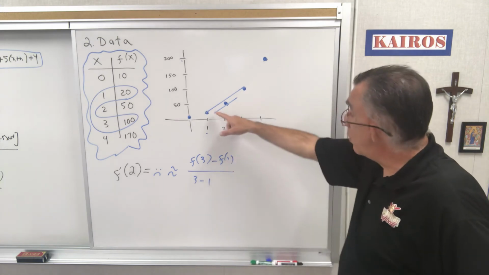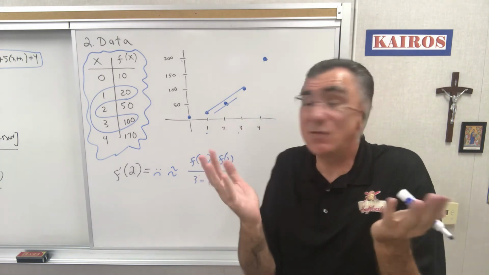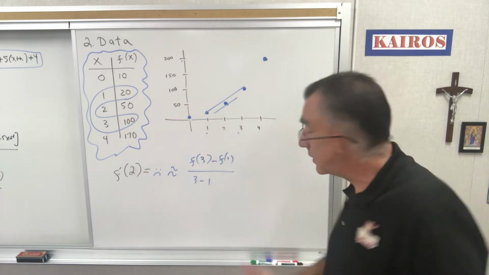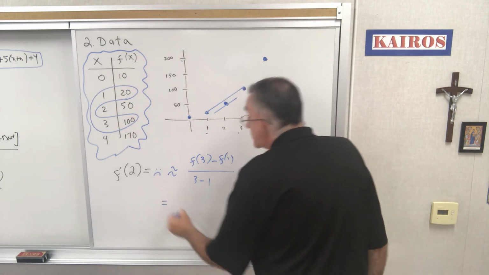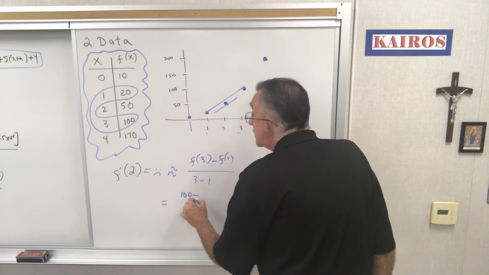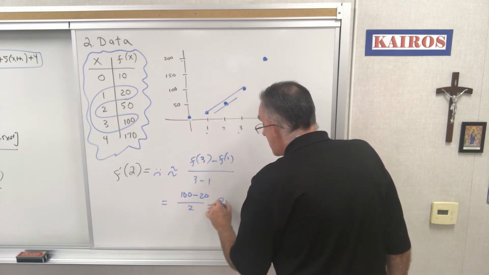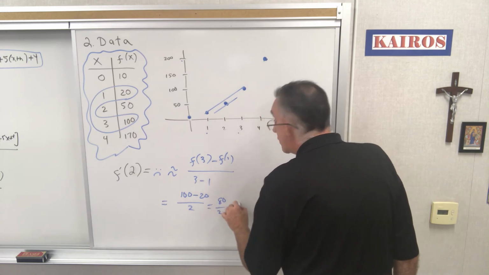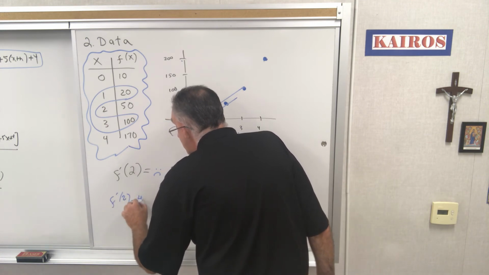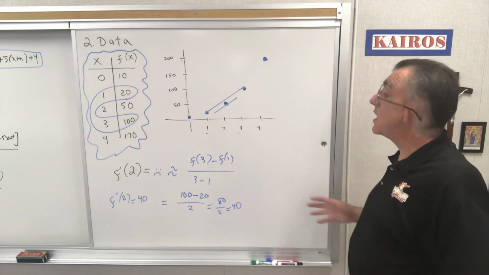We use old-fashioned slope because I can't take any limits, because I can't get close to 2. I don't even know what 2.1 is, so how am I supposed to find 2.0001? The good part is this is almost like a freebie. It's not super hard: 100 minus 20 over 2, 80 over 2, 40. So the derivative at 2 is 40.